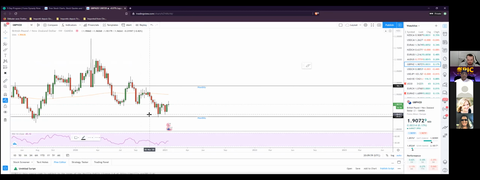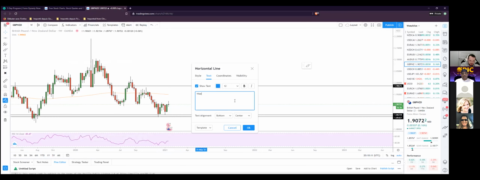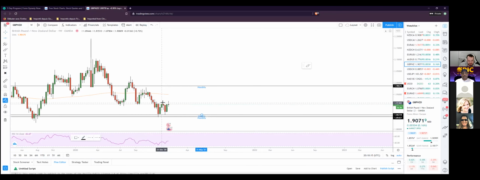After that, what I like to do, you see this week? This week was in January. So I will take this and put it as a weekly zone. The last high as the weekly zone was this one.